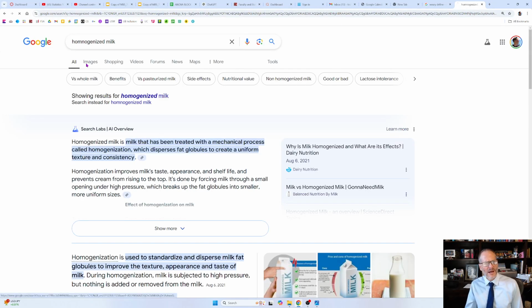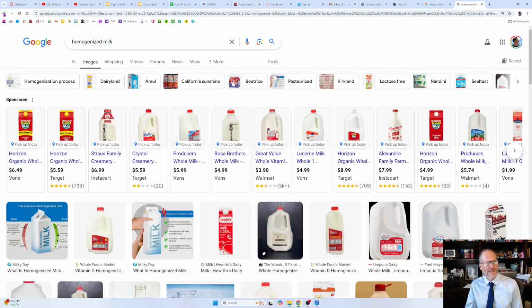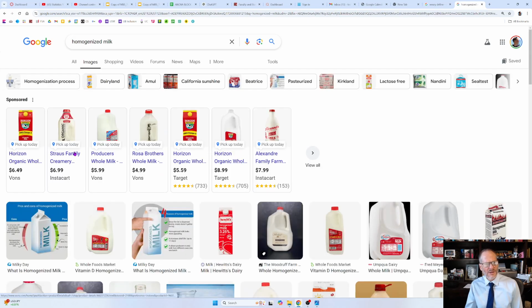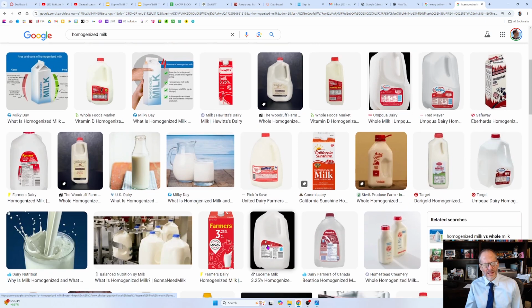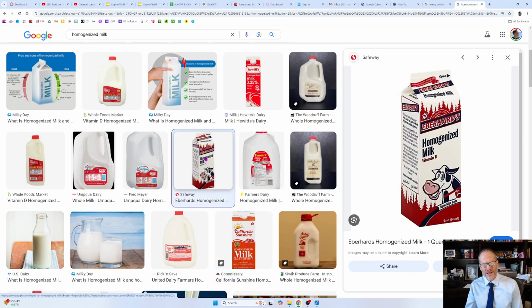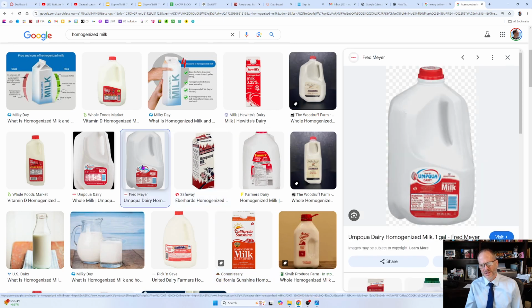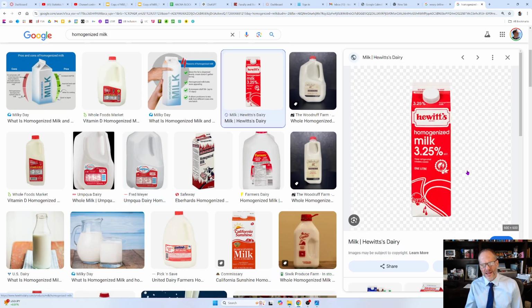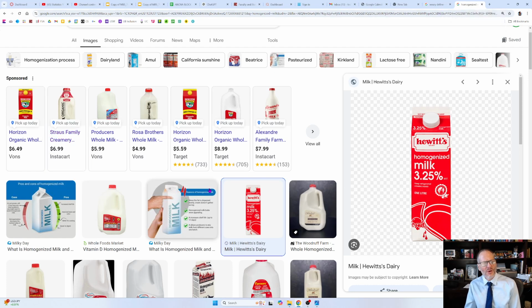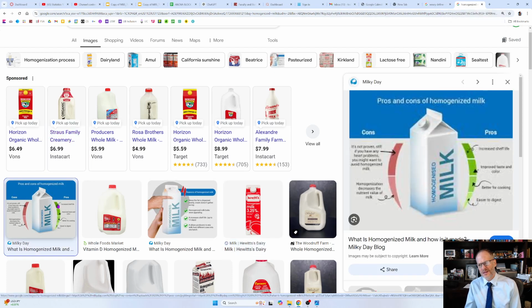Here's homogenized milk. When you look at milk, it says homogenized on it. That just means they got it up to a high temperature, which kills stuff in the milk.